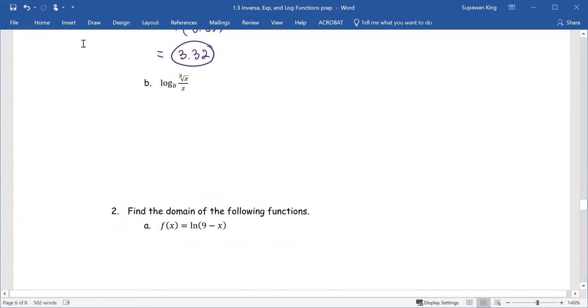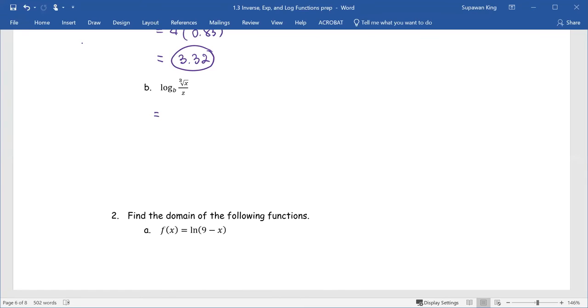Next example, log base b of the cube root of x divided by z. First of all, we apply the quotient rule. We get log base b of the cube root of x minus log base b of z. Next, apply the power rule for the first term. The cube root of x is the same as x to the power 1/3.